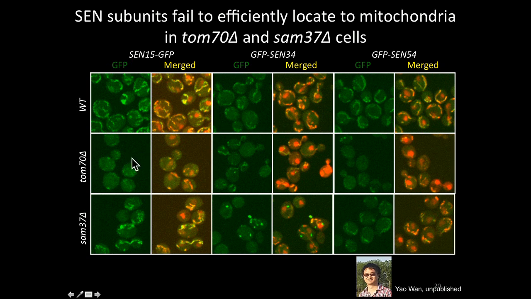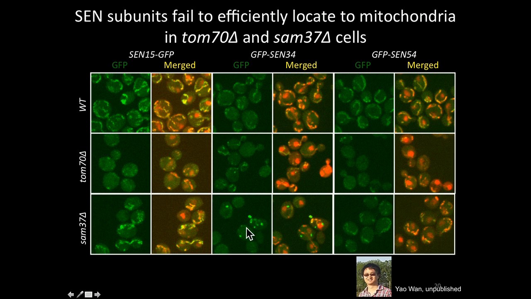And hopefully you can see here that in a cell missing this mitochondrial outer membrane protein, SEN15 does not efficiently locate to the surface, but it does in SAM37. And conversely, in the SEN34 subunit, the 34 kilodalton subunit of the splicing endonuclease, the proteins aggregate in spots in SAM37, but these spots do not co-localize with mitochondria.